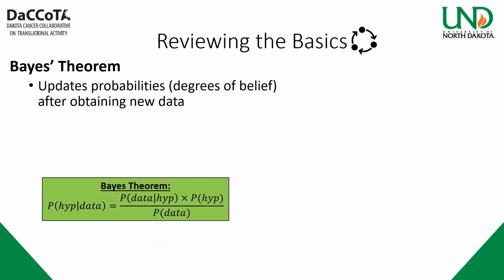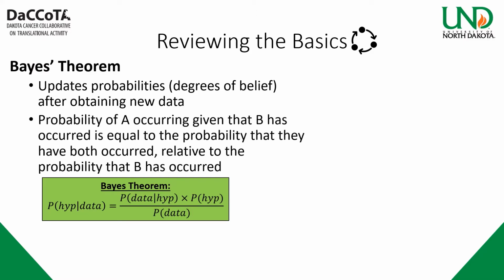So Bayes' theorem can be postulated like this. Another way of mentioning it is the probability of A occurring given that B has occurred is equal to the probability that they have both occurred relative to the probability that B has occurred. So you can fill in hypothesis and data with A and B respectively.